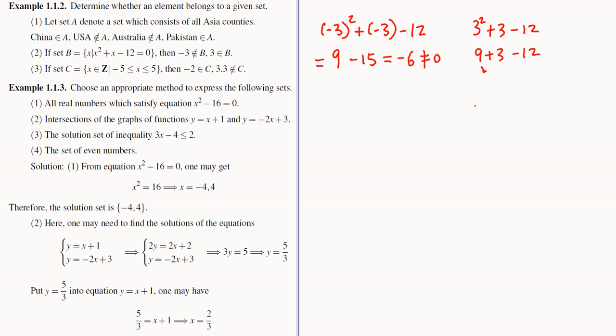You see those two together is 12. And then 12 minus 12 is 0. So indeed, 3 belongs to the solution set B, and -3 does not.